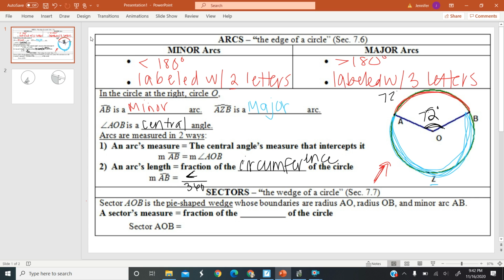That gives you the fraction of the circle that you're using. And then times the circumference, which is 2 pi times the radius.